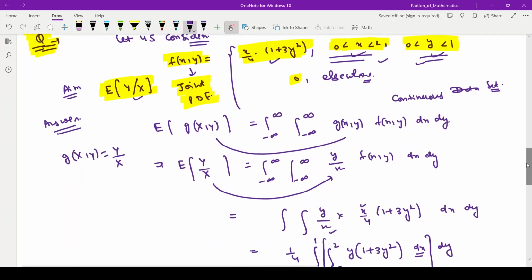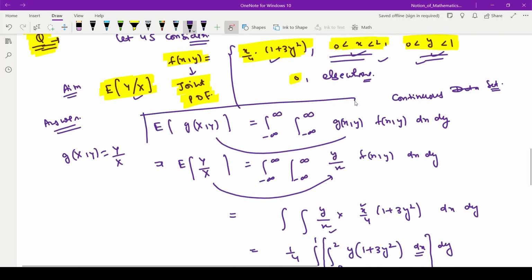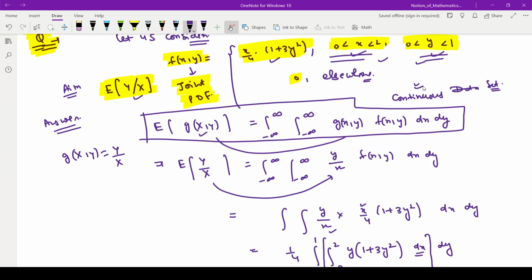So what we can do here is apply this formula. The formula is expectation of g(x,y). Since it is a continuous data set, the summation will be a double integration, because 2 variables are given, minus infinity to infinity, minus infinity to infinity, of g(x,y) into the associated joint probability density function. g(x,y) is taken as y by x because of the question.